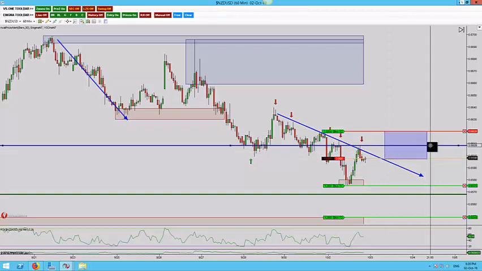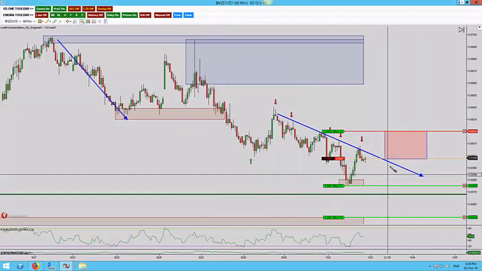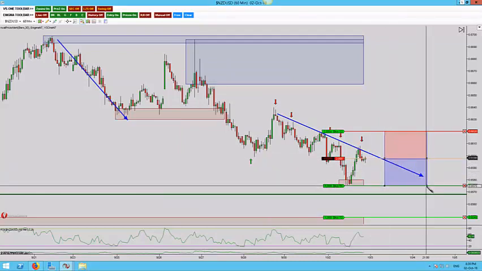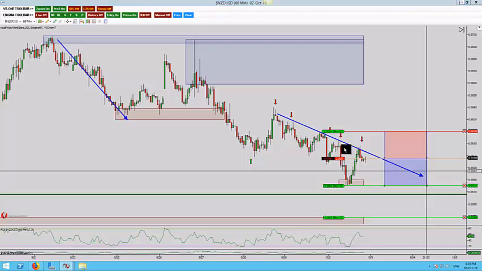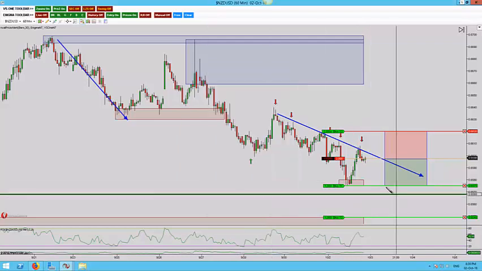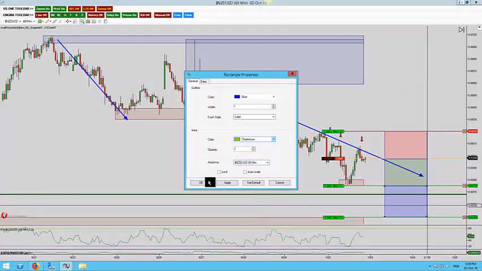So that's going to be the risk, and I'm going to make that red. This is the reward, because it is trend continuation. Targets are a retest of the lows. And we're looking at green, and then I'm going to do yellow for target 2s, which is really where the pips are in this particular trade.